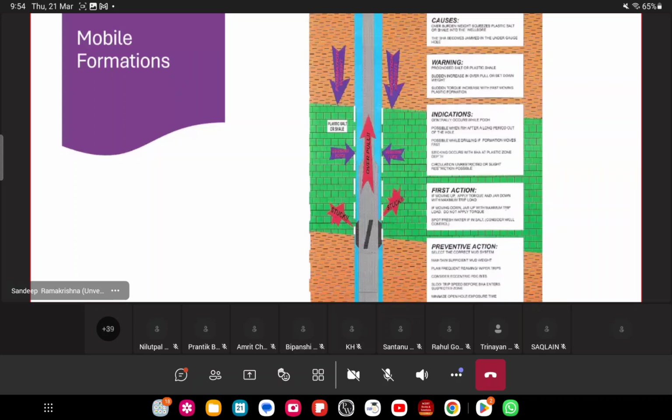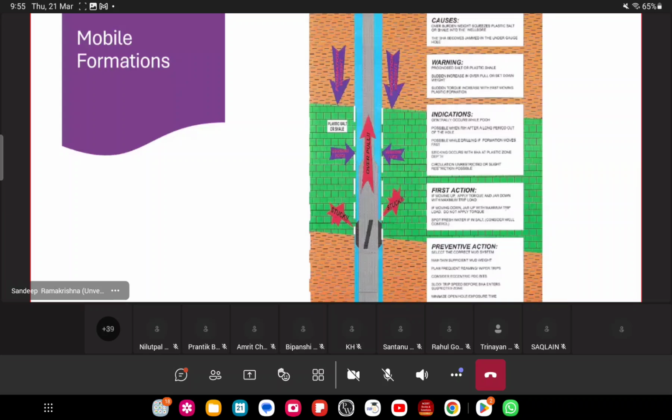So you have these sudden situations where you are seeing an increase in torque in your drilling process, and the formation is sort of sliding under you, so to say. It's not at a constant depth.